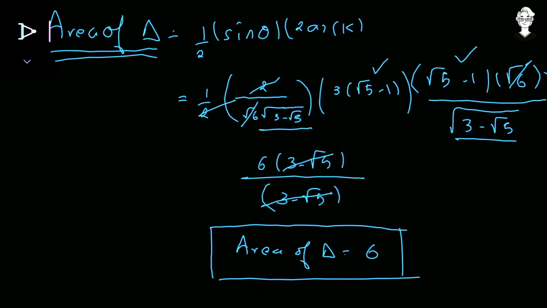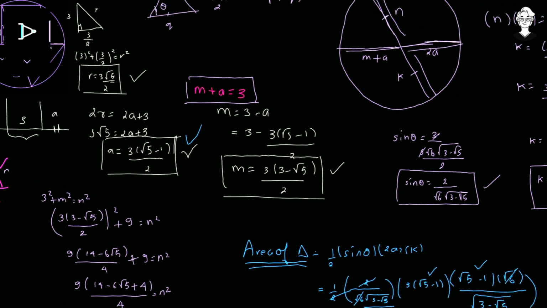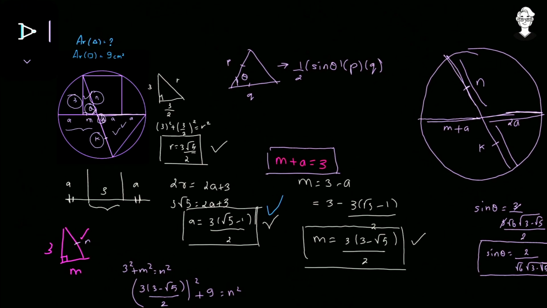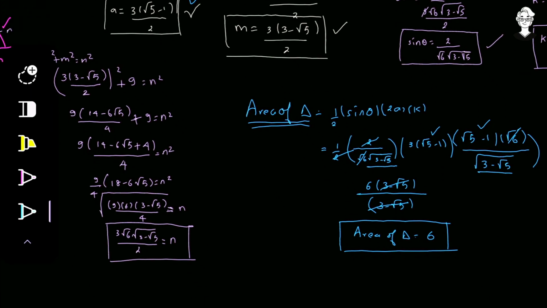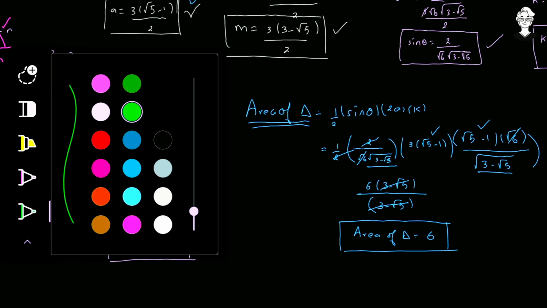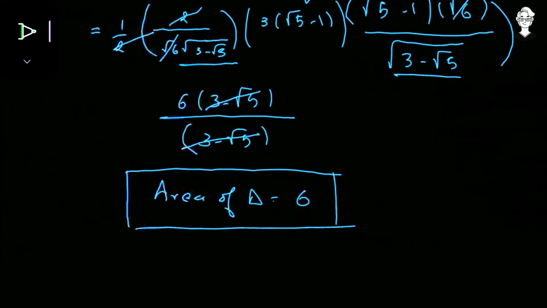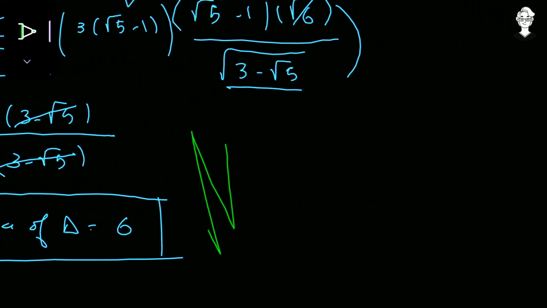In this kind of situation, where the area of the square is equal to 9, we have that the area of this triangle is equal to 6, and that's our answer. So this was my method to solve this particular question. What we did is, from the radius we got the value of a, from a we solved for the value of m, from that we solved for the value of n.